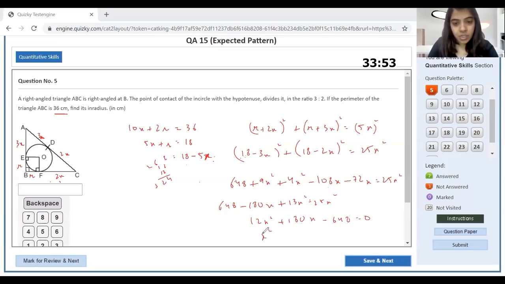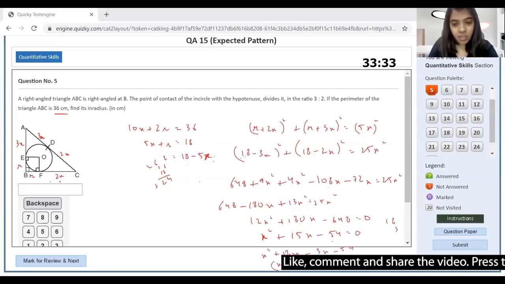Divided by 12, x squared plus 15x minus 54 equals 0. Fine, so 54 is 18 into 3, right? x squared plus 18x minus 3x minus 54, so (x plus 18)(x minus 3).